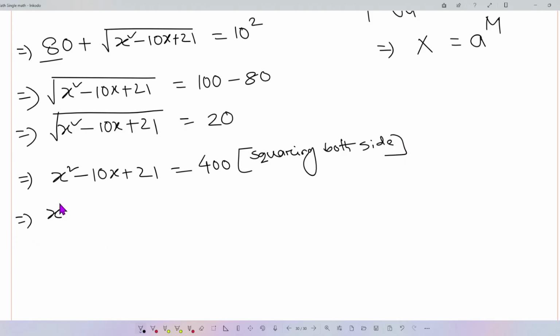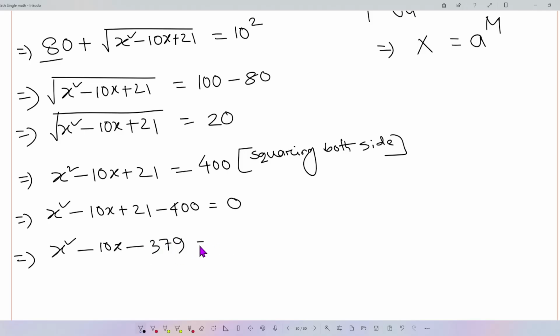So again, x square minus 10x plus 21, and this 400 will become minus 400 equals 0. Then x square minus 10x plus 21 minus 400 will be x square minus 10x minus 379 equals 0, right?